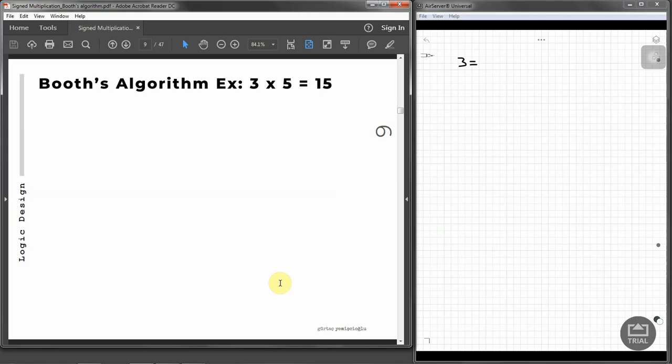So we can just say 0, 1, 1. And on the other hand, 5 is 1, 0, 1. Now we need to add the sign bit. So 3 is going to be 0, 0, 1, 1, and 5 is going to be 0, 1, 0, 1. Then we can also find minus 3.